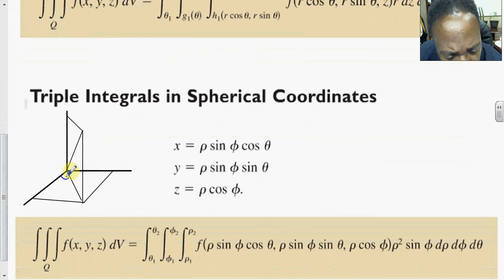Here's the angle theta. I guess I better draw theta first. This side here is x. This is y. This is r. This is z. This is rho. And this angle in here is phi.